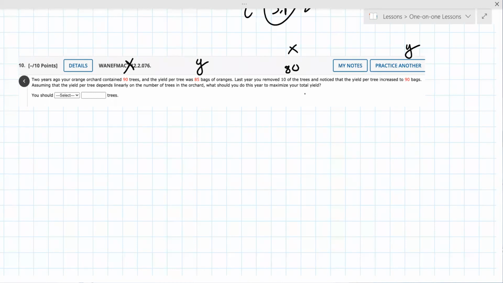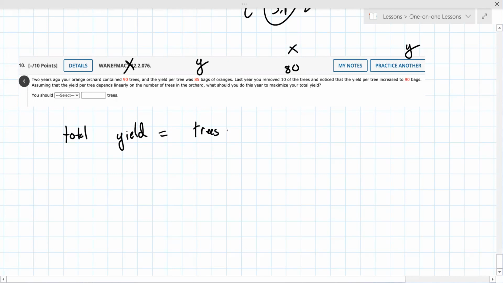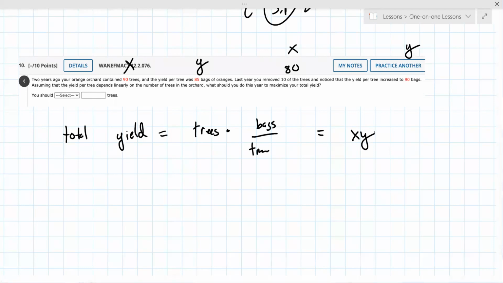Total yield. Okay, this is confusing because I have a problem that I write like this, but I just do it with price times quantity. Here the total yield is trees times bags per tree. So essentially your total yield is X times Y. It's a complicated way of saying that, but that is what it is here.